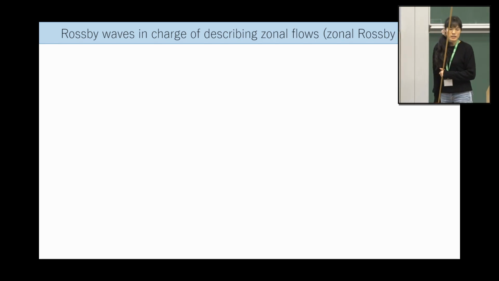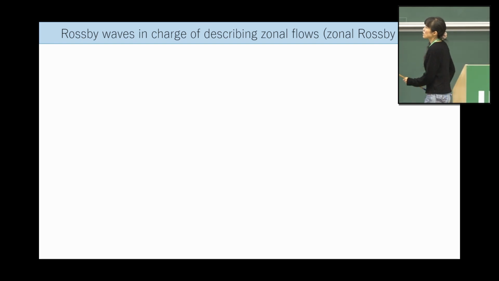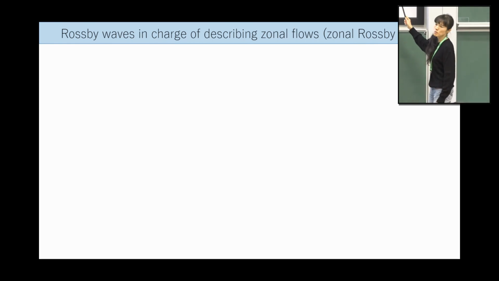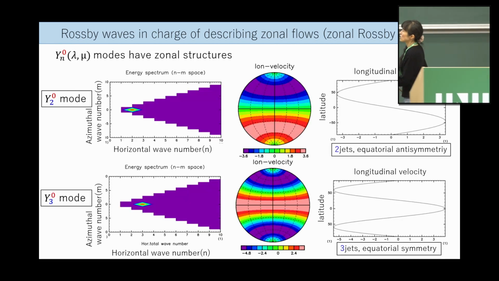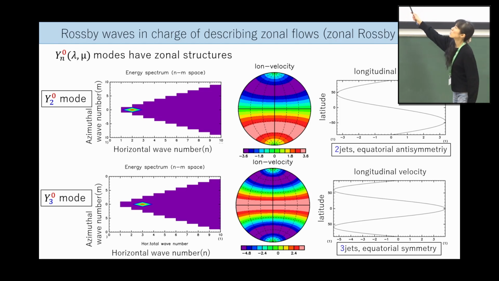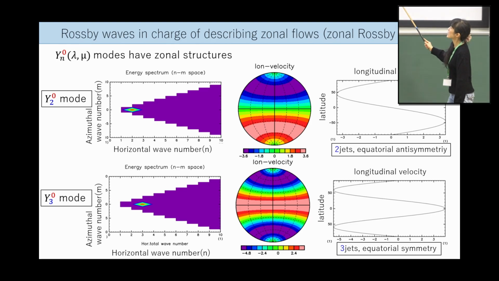As I have told you, Rossby waves dominate the flow field dynamics. So there are Rossby waves that are in charge of describing zonal flows, which will be called zonal Rossby modes in this talk. They are the Rossby waves with superscript equal to 0. For example, if we only have the Y20 mode, then the flow field becomes like this.